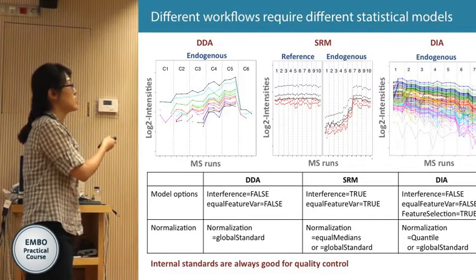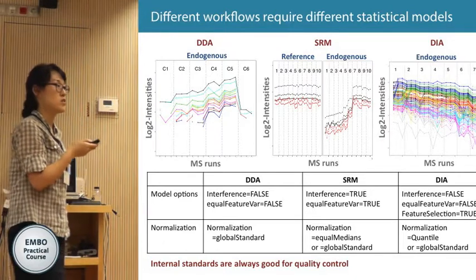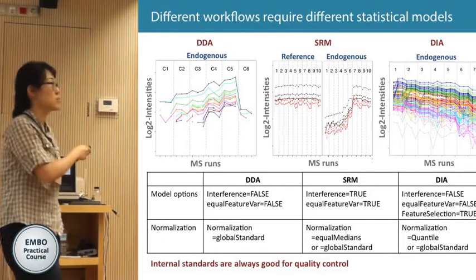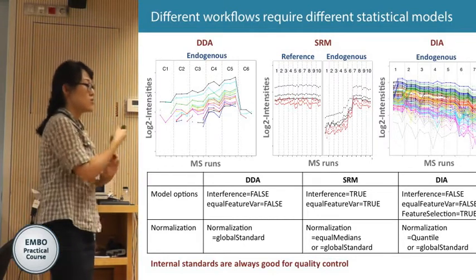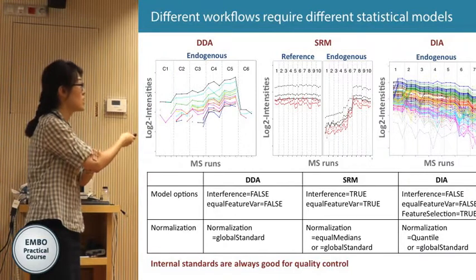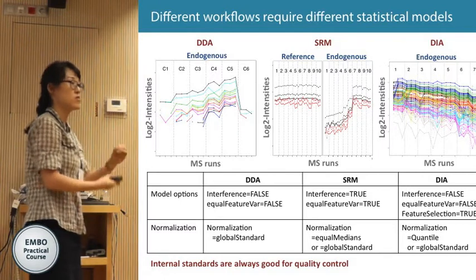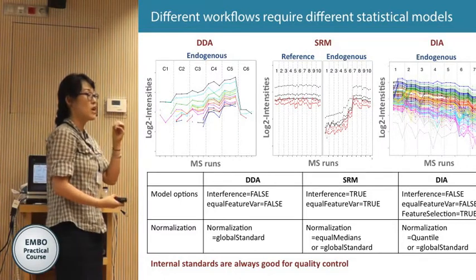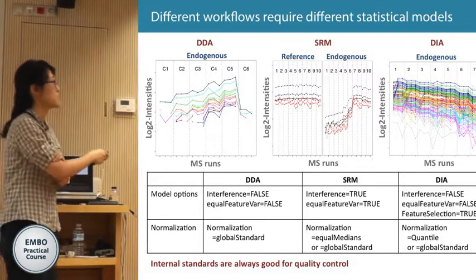For SRM, especially if you have a reference one, constant or quantile normalization is really good. And for DIA data, quantile normalization probably works because we have really a lot of measurements, right? Tens of thousands of measurements for a specific run. In these cases, we can just use quantile normalization.